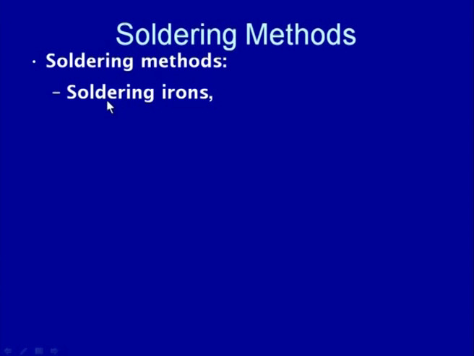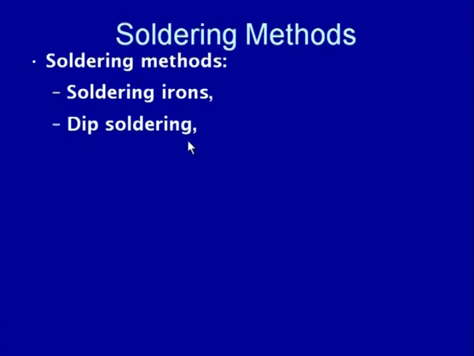There are various soldering methods which are used for developing the solder joints. These soldering methods involve use of the soldering iron, where a very low power soldering iron is used for developing the heat and applying it between the components to be joined for melting the solder.